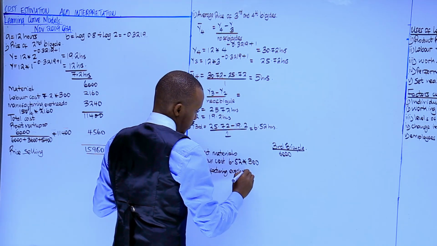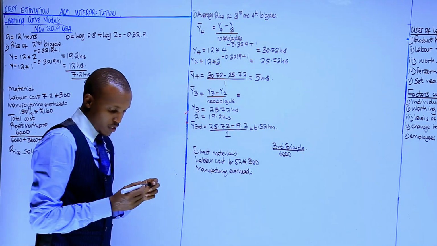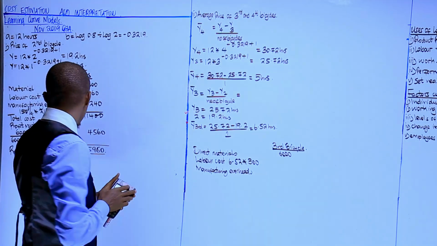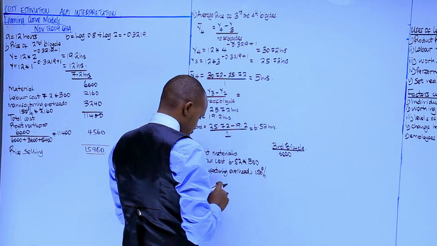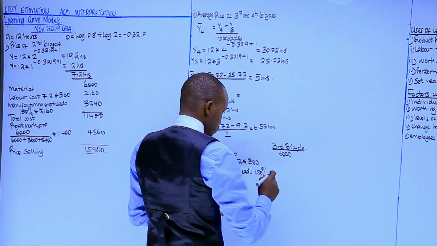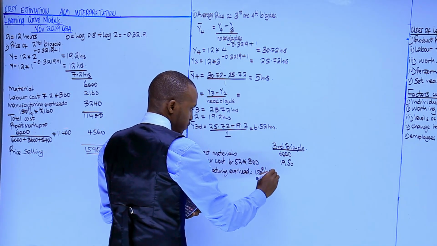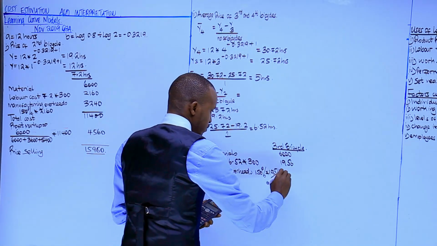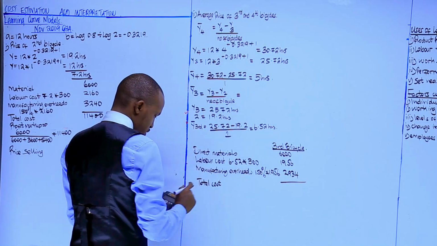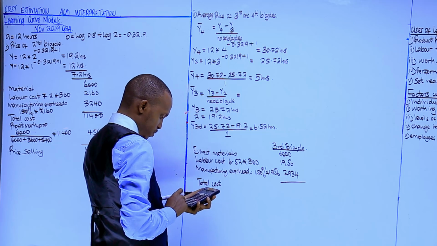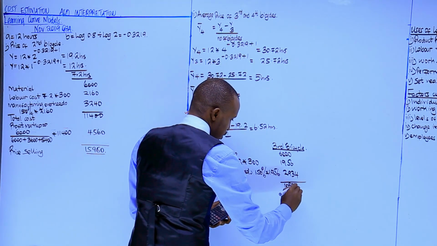Manufacturing overheads, which is 150% of your labor. Then we get our total cost, 10,890.